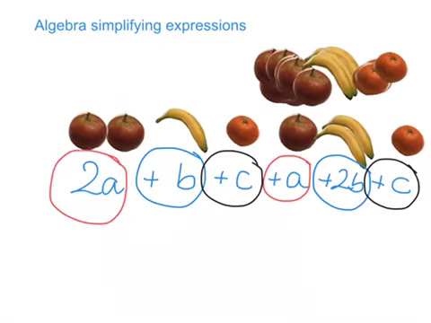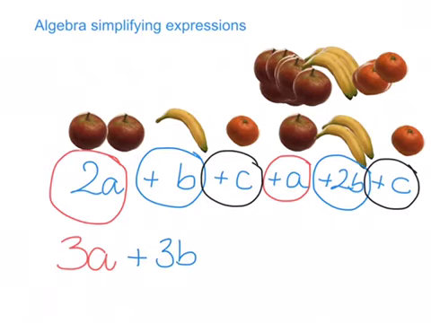So how many apples have I got altogether? Well, I've got 3 apples because I've got 2 here and 1 there. So I can write that as 3A. And then the bananas, I've got 1 there and another 2 there. So I can write that as 3B.